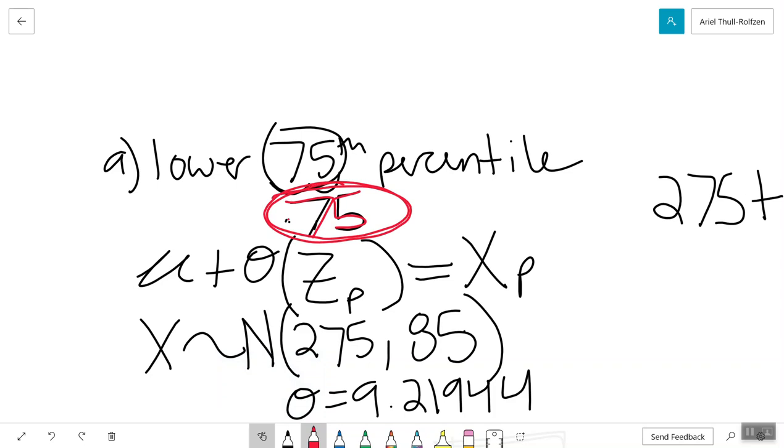And we are going to find the closest value to 0.75. And there is always going to be one that's closer. So we're gonna look in the body and find 0.75. I'm on page 524 for anyone who's going along with me.